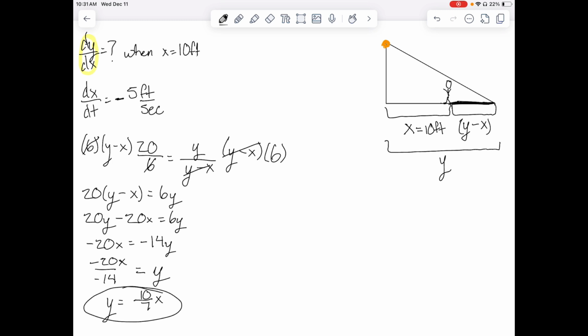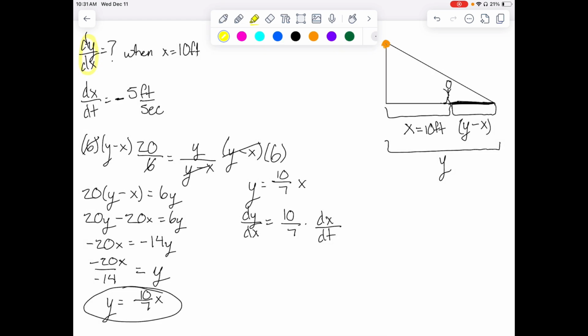So now we're going to take this equation, y equals 10 over 7 x, and we are going to differentiate. We're going to say dy/dt equals 10 over 7 times dx/dt. Lucky for us, we already know what dx/dt is. We just have that up here, right?